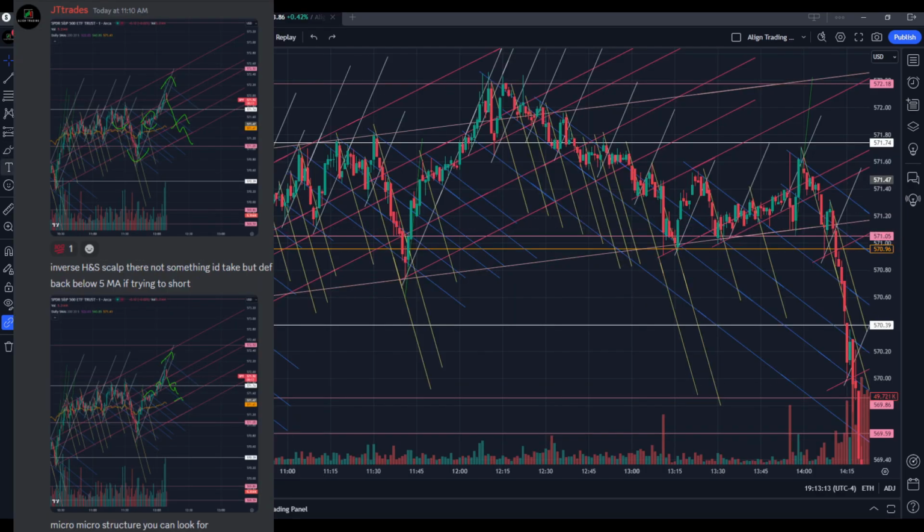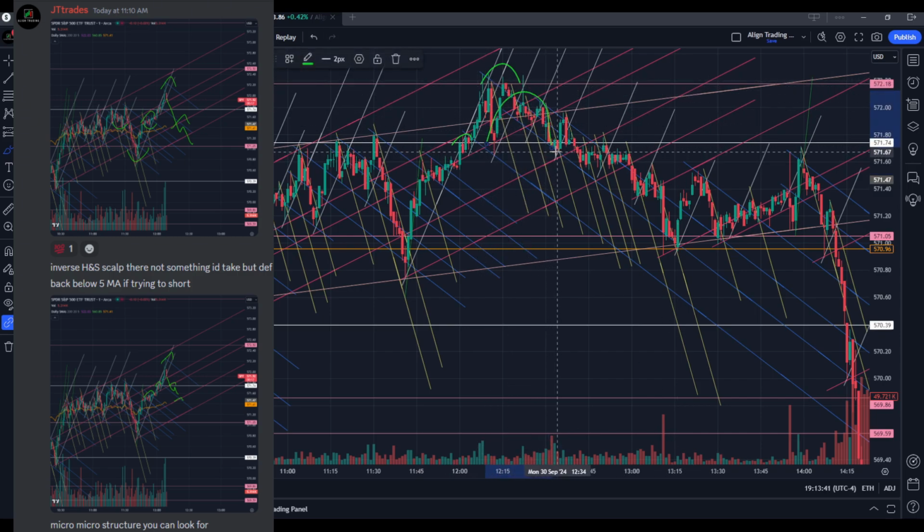Now with this inverse head and shoulder back above this 5-day moving average right here, grabbing that shoulder and getting above that 571.74 level, there was an initial move up right there, but I explained that you have to now be paying attention for this structure right here to form. Watch for this head and shoulder back below. We tried to right here, but we did not grab that shoulder on the way down quite yet, and eventually we did.